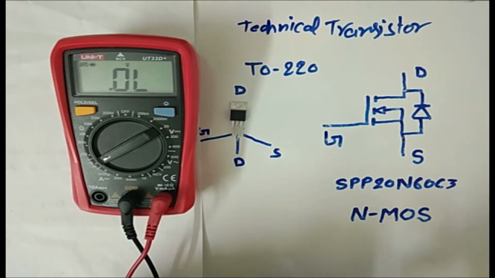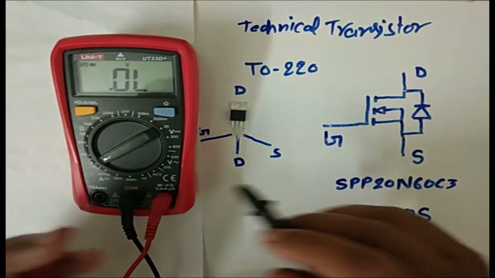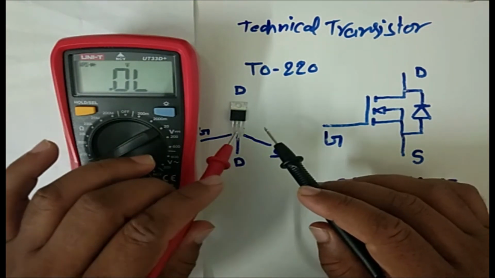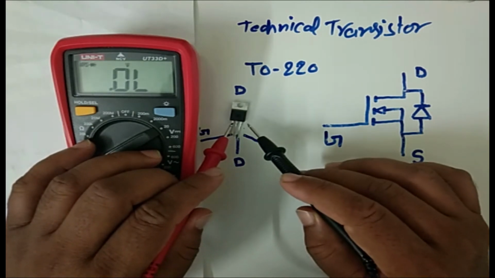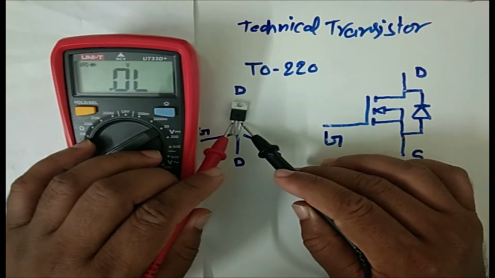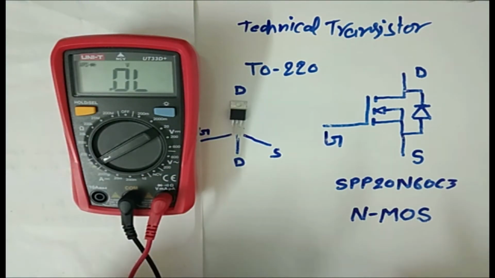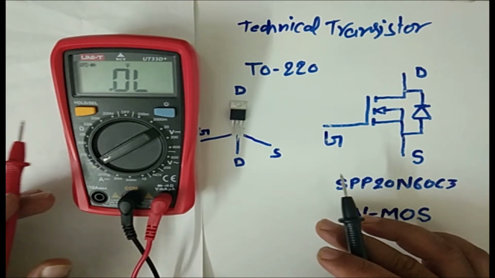Okay, so I tell you how it turns on. With the multimeter at the diode range, I put the red lead of the multimeter at the gate and black on the source. By doing so, the MOSFET should be on. Now I check what is the identification of the MOSFET getting on.